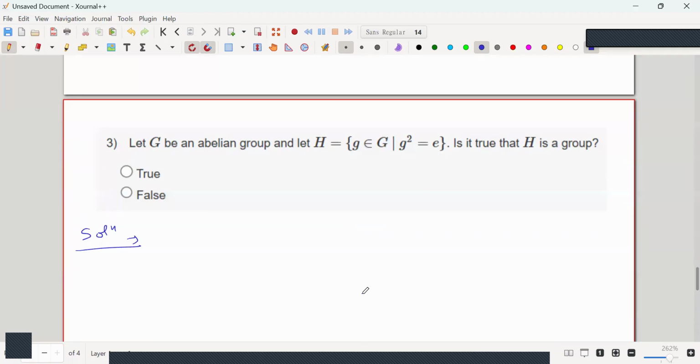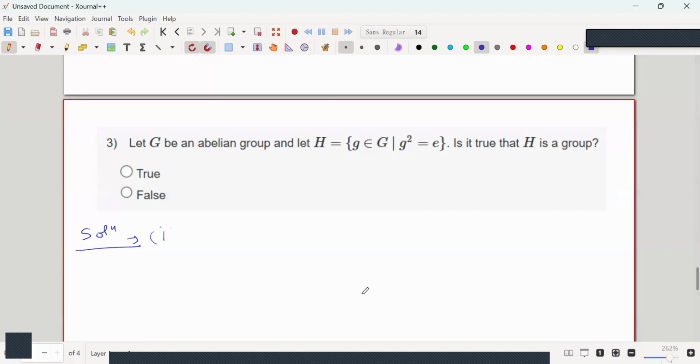So first we need to show whether the set is closed under the group operation, meaning the group operation is a binary operation on H or not.